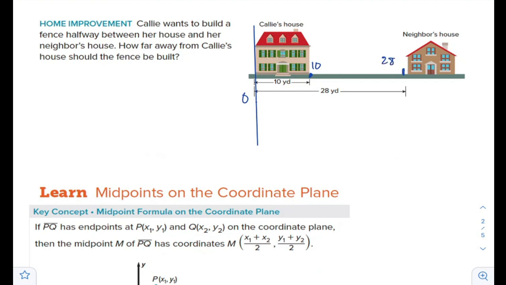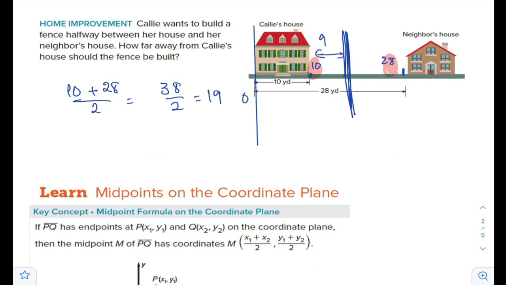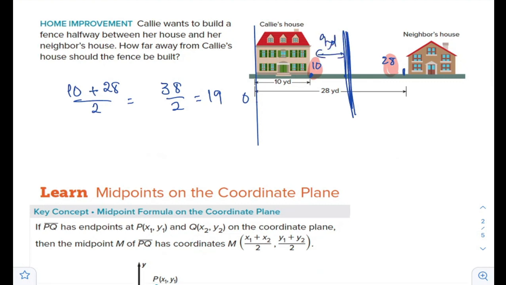You are asked to find the midpoint, the point halfway between these houses. So definitely we are finding 10 plus 28 divided by 2, which is 38 divided by 2, which is 19. So it will be somewhere here, 9 units or 9 yards the difference from the house.